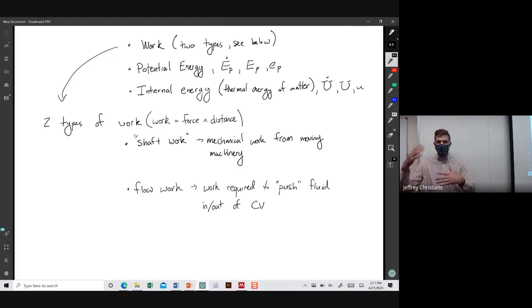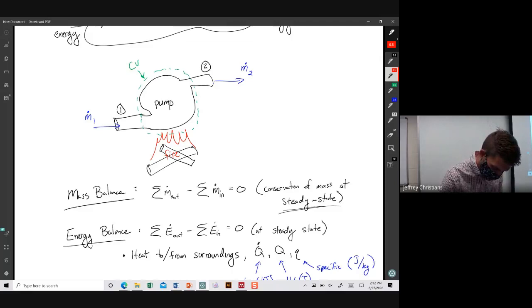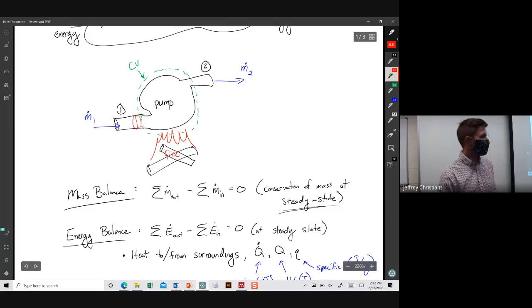When we have a moving mechanical part, it's easy to picture: that blade pushes on the fluid over some distance, work. If you think of what happens to the fluid, there's some fluid right here, just outside of our control volume.